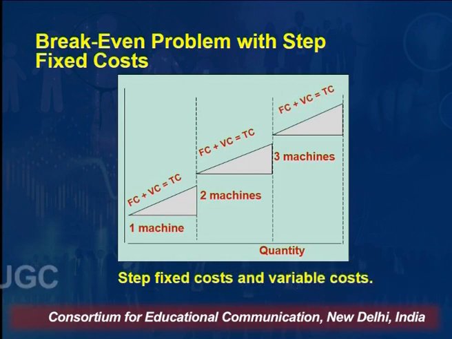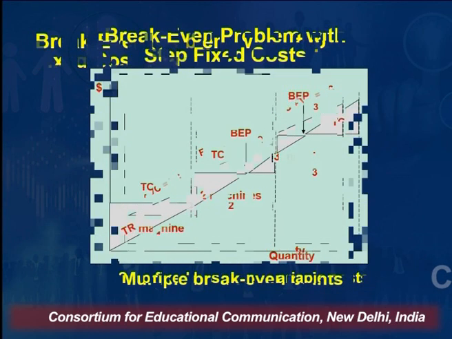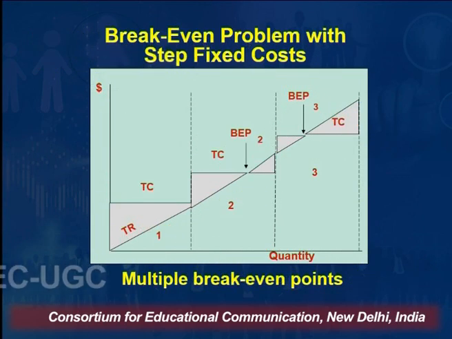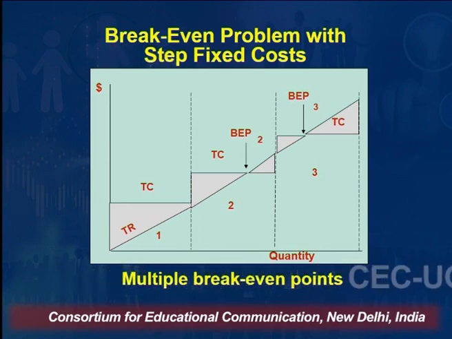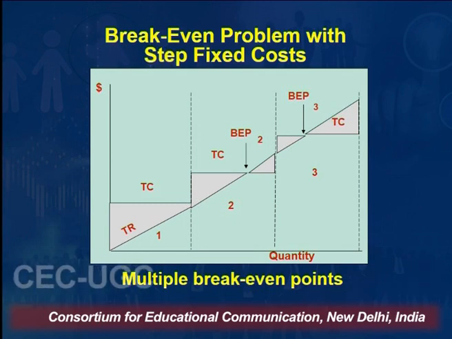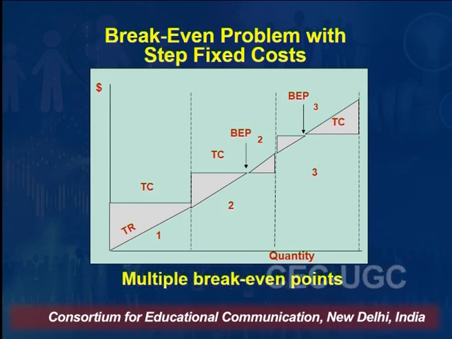That is known as step fixed cost. So one has to evaluate all these fixed costs financially also. For example, if you have 2 machines, your break-even point is at one point, and if you have 3 machines, your break-even point increases. So you will have to produce more, or sell more, in order to achieve break-even.